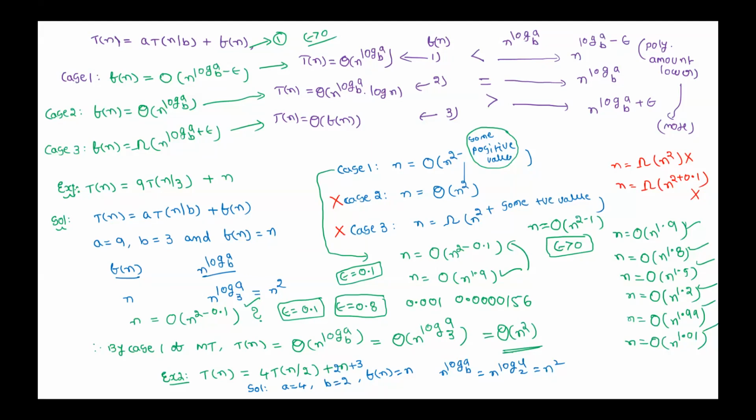We have to see only the order of growth, no? Whatever extras we write, it's of no use. Finally, whatever the f of n is, only its order of growth we need to check.